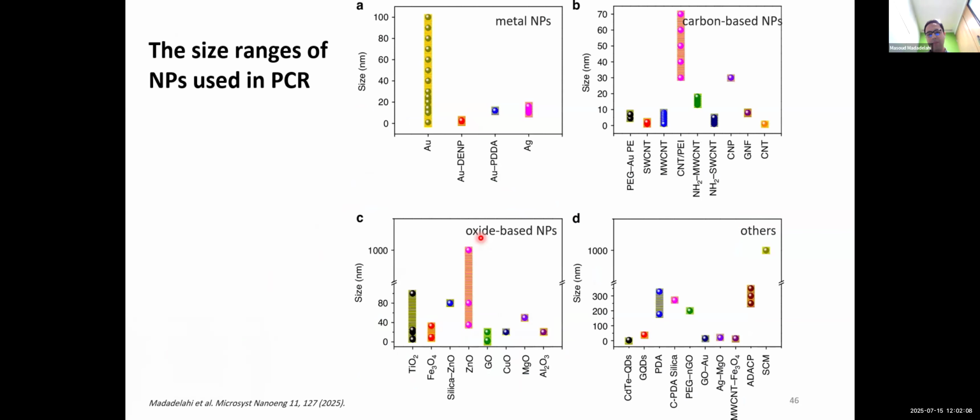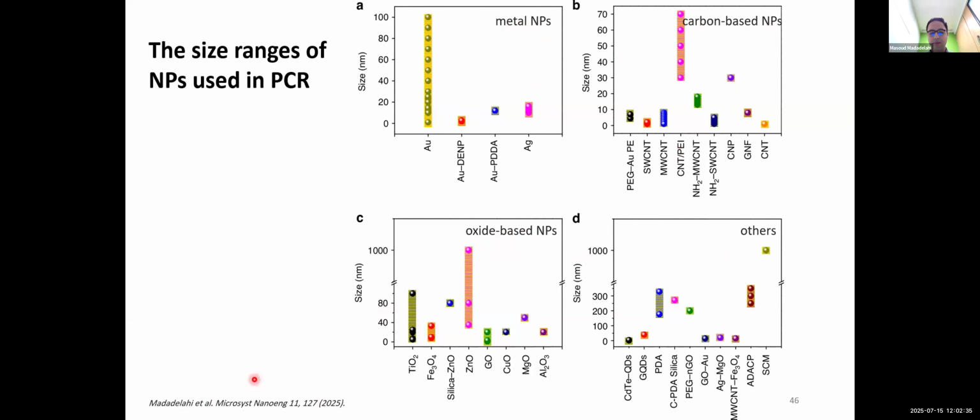For this specific application, I mean, using nanoparticles as facilitators of PCR, you have many options. You can use metal nanoparticles, you can use carbon-based nanoparticles, and many other options, right?